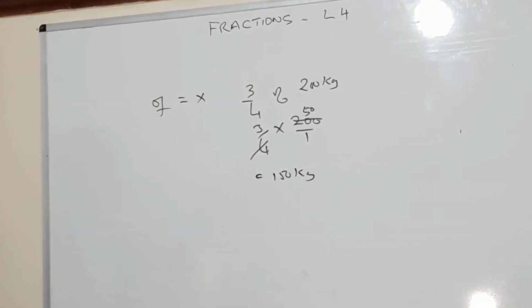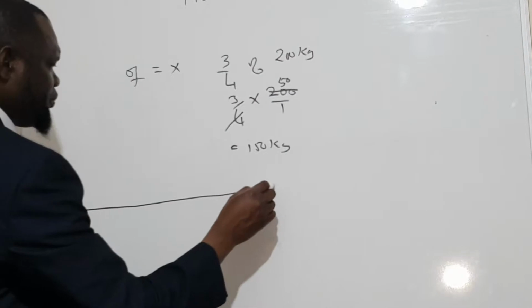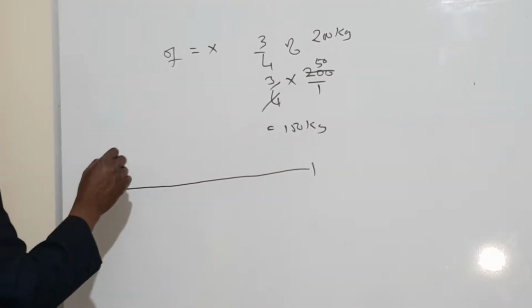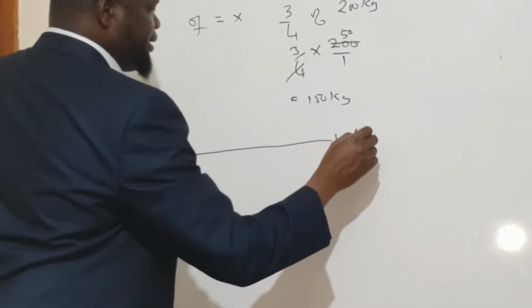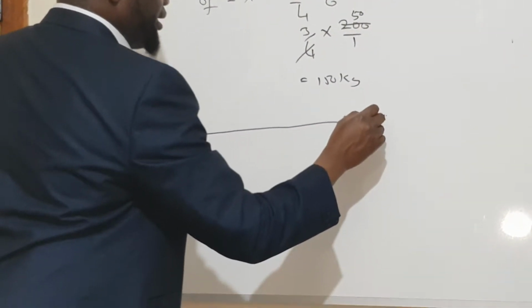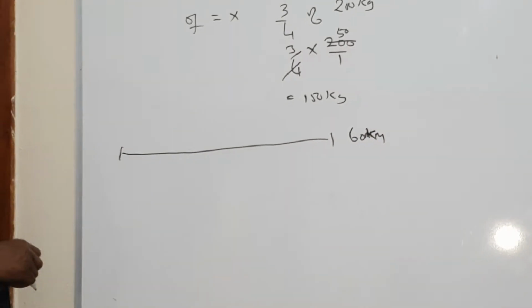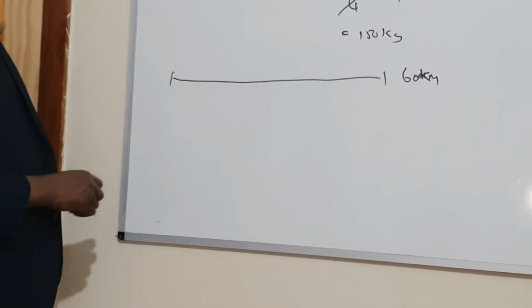Okay? So in some other way, they said a cyclist traveled 60 miles, or kilometers, kilometers, yes.